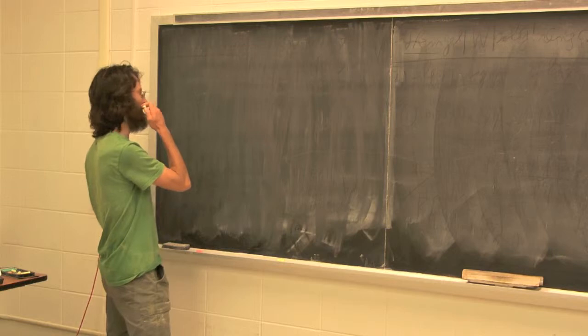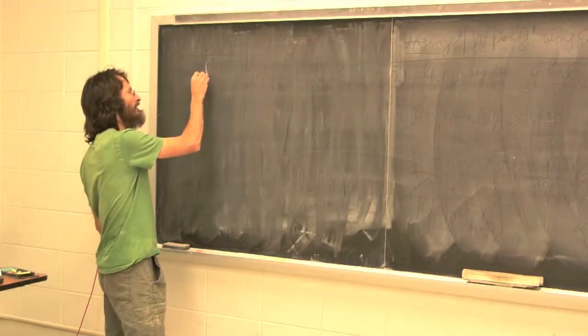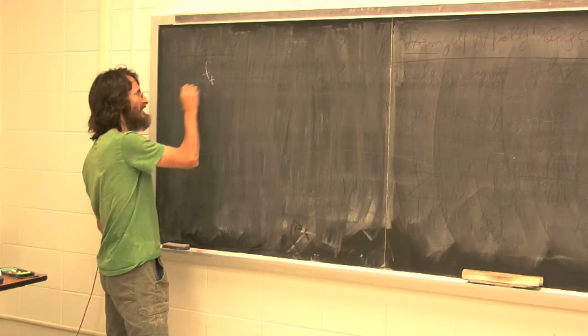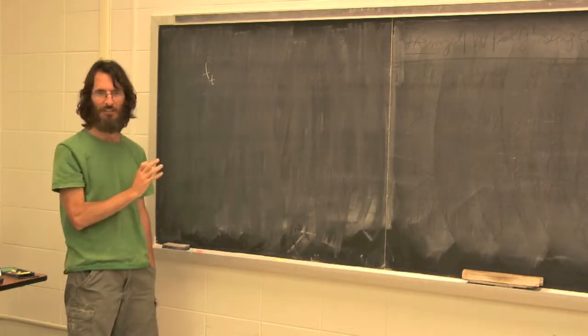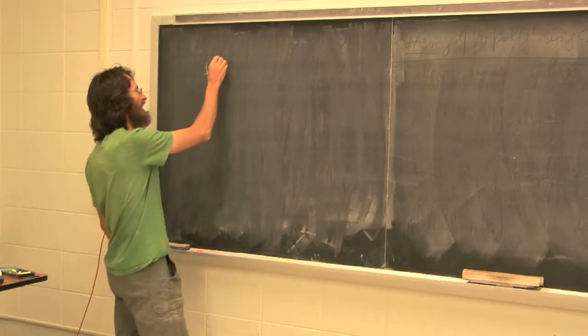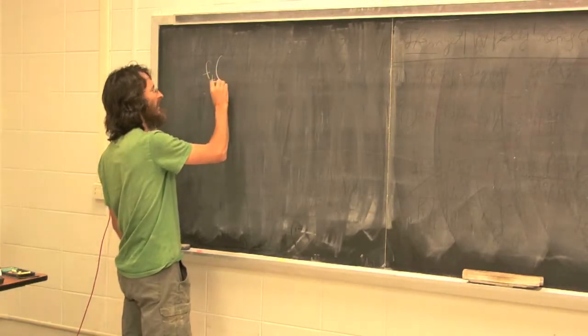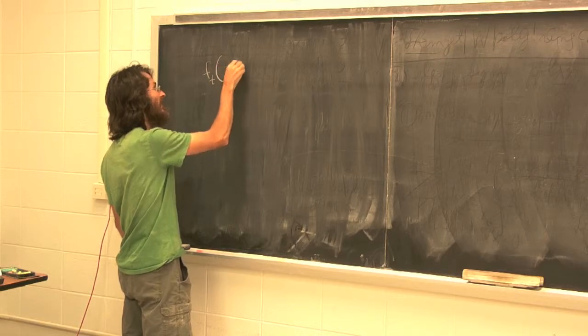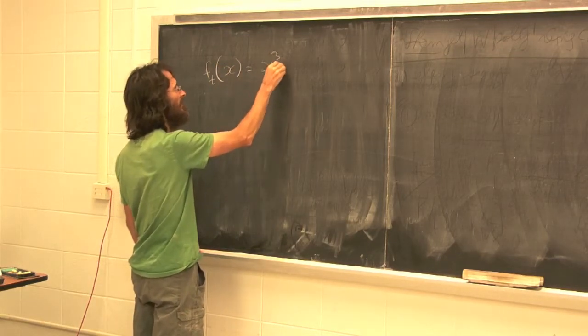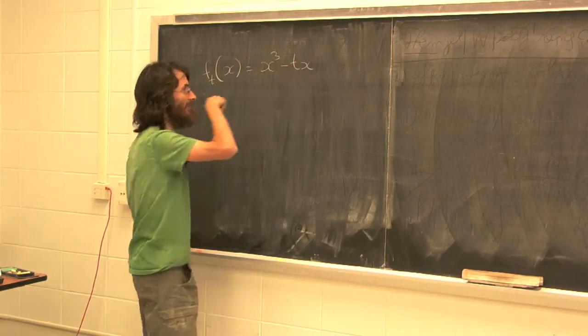So I want to think about the function f. Well, we've talked about f sub t, which is a one-parameter family of functions in which a birth appears. If I just have it as a function of one variable, I can say f sub t of x is equal to x cubed minus tx. And we've seen this before.